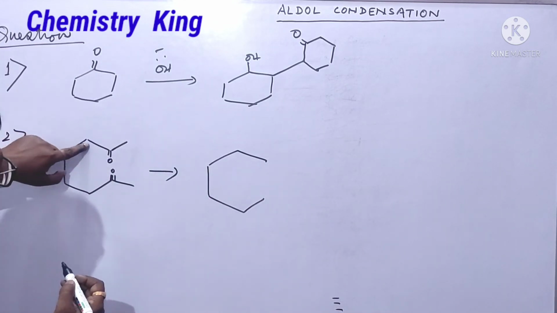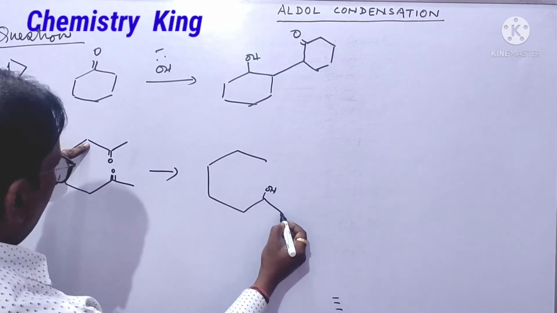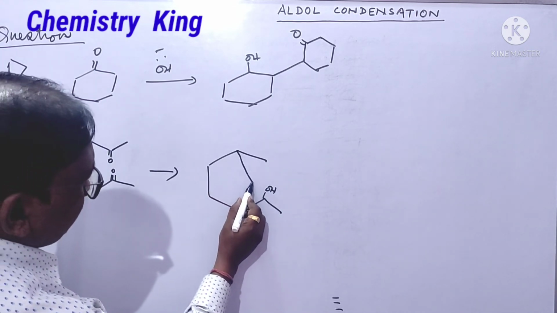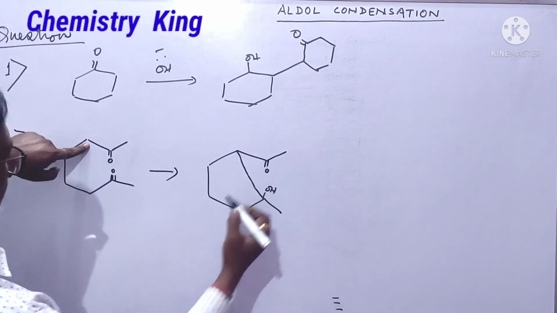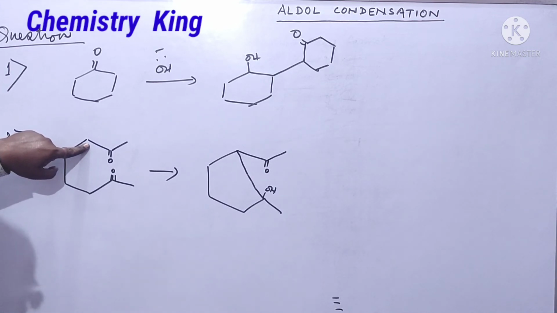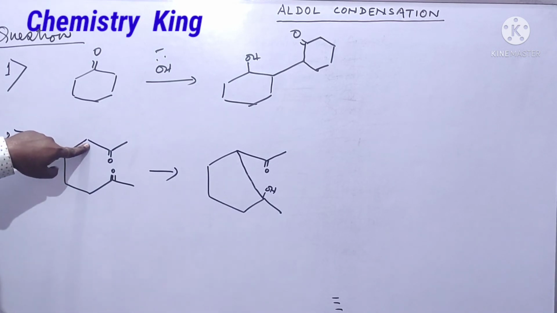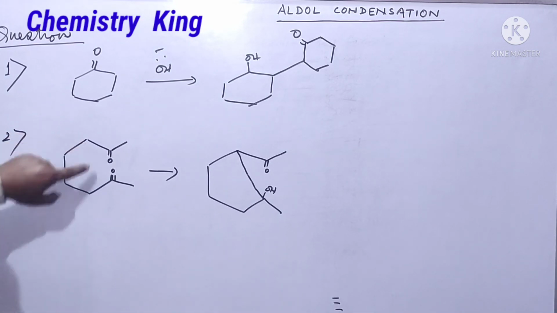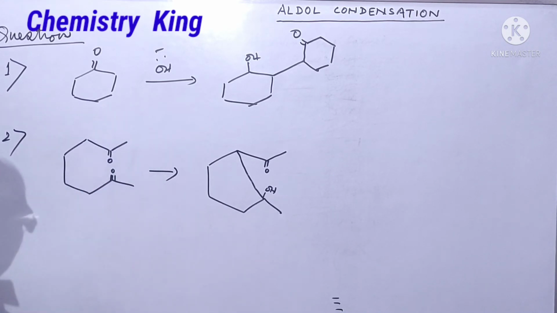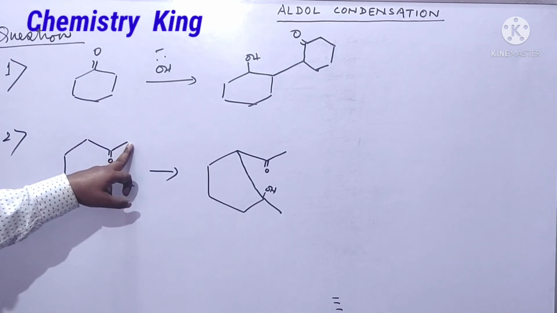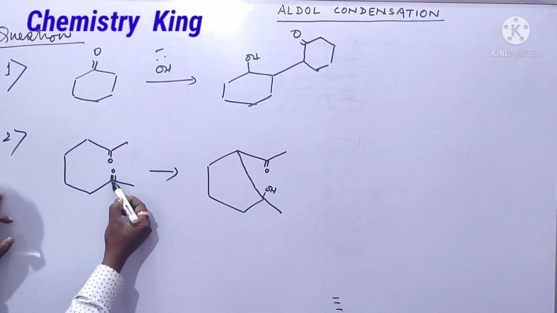So if the negative charge is here, it gets attached with this, and the double bond will be here. It will be the product of 1, 2, 3, 4, 5. A 5-membered ring is here. Friends, if you try to extract hydrogen from here, the negative charge will be here, and it will get attached with this carbon.